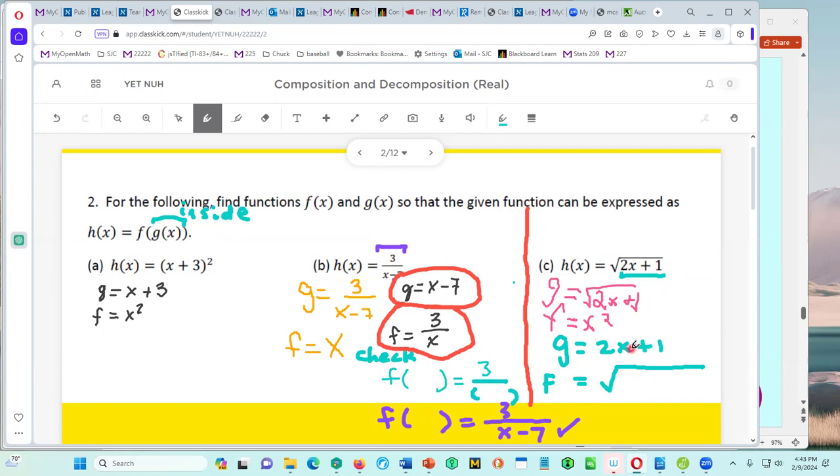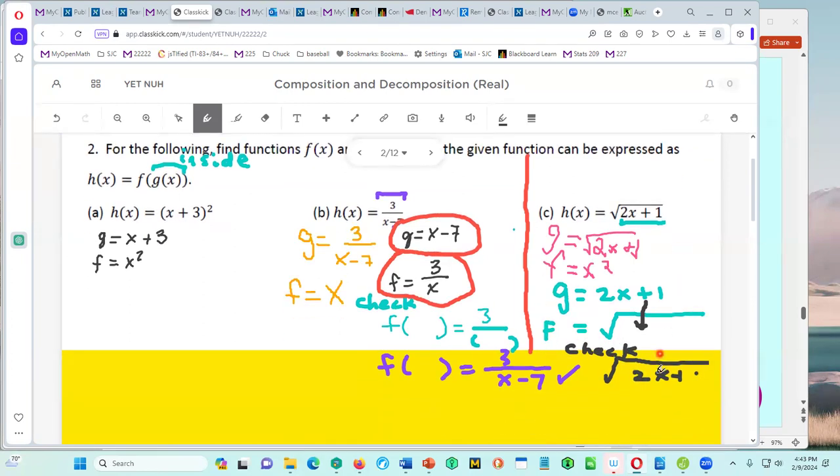And so if that 2x plus 1 becomes the input for the square rooting function, then we get square root of 2x plus 1. Okay, so I'm doing the check now. And that's what we're supposed to get, because that's what h is. So that composition works.